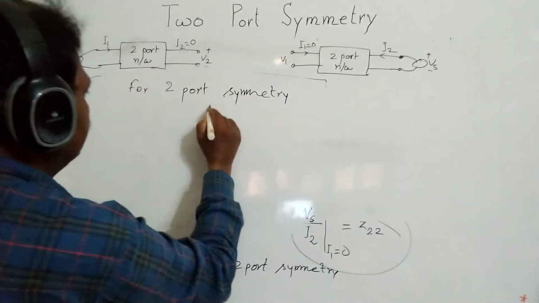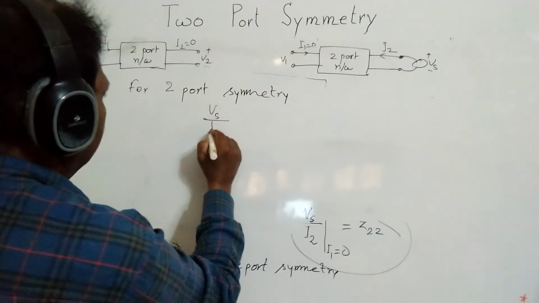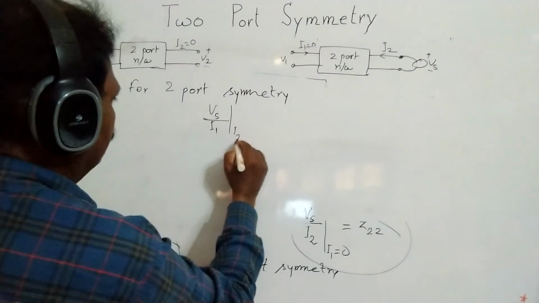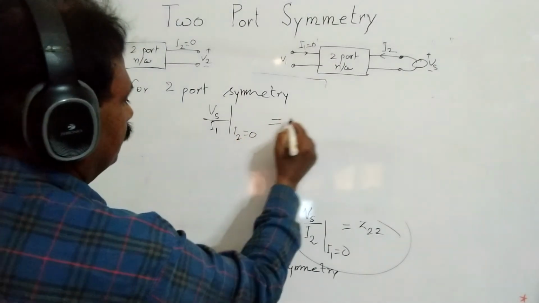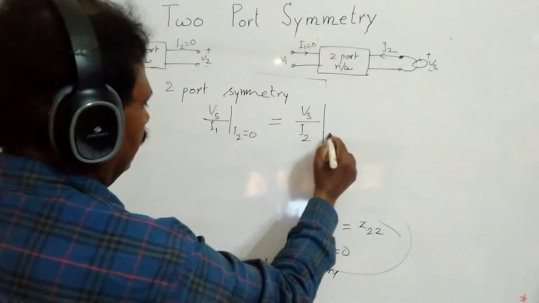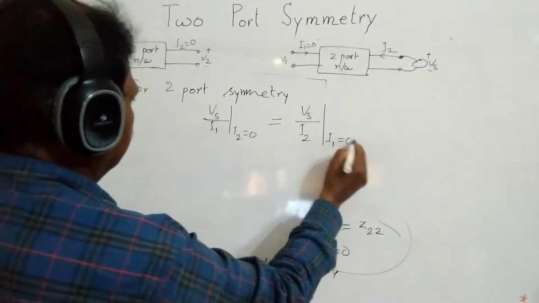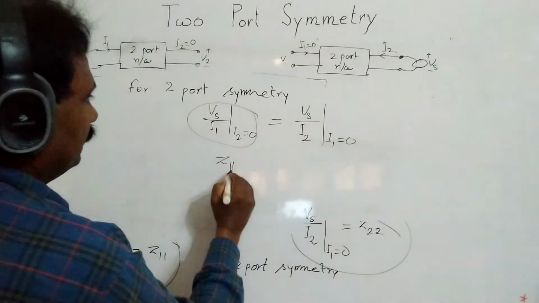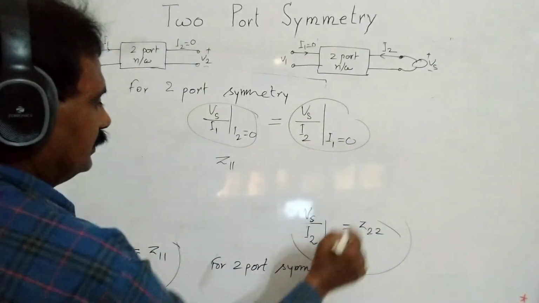These two conditions should be equal: Vs by I1 when I2 equal to 0 should be equal to Vs by I2 for I1 equal to 0. We have obtained the value of this as Z11 and the value of this as Z22.